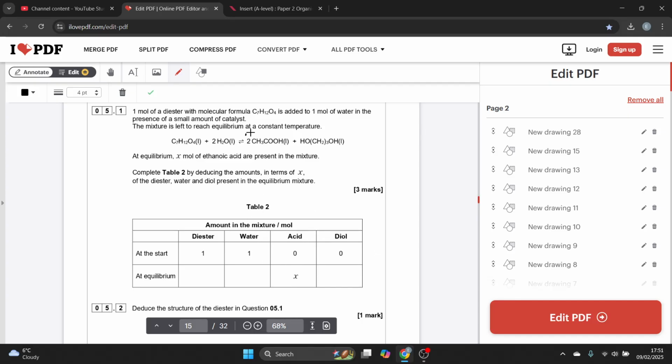ethanoic acid. So in this case, I'm going to have a half X here, and I'm adding X over 2, because remember it's a 2 to 1 mole ratio, that's why it's a half X. But then I'm going to minus X, so 1 minus X, 1 minus X over 2.